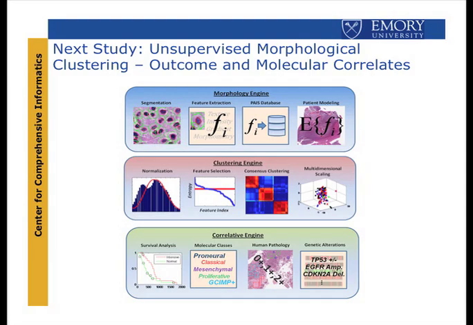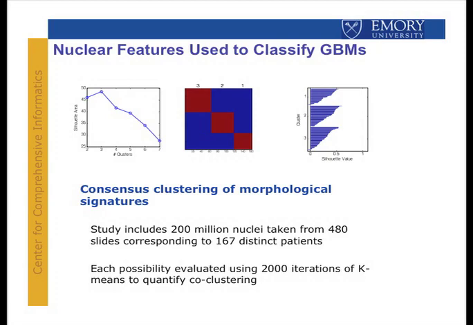But it turned out actually that even within the collection of GBMs, what we ended up doing, and I'll say some things about it, was to do an unsupervised clustering. So we basically segmented the nuclei and extracted features and did an unsupervised clustering, and actually, as I'll talk about, discovered that there appear to be both outcome and molecular differences between these clusters.